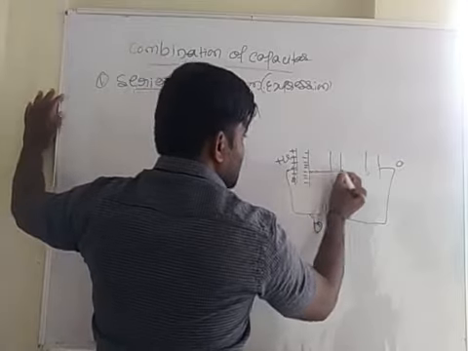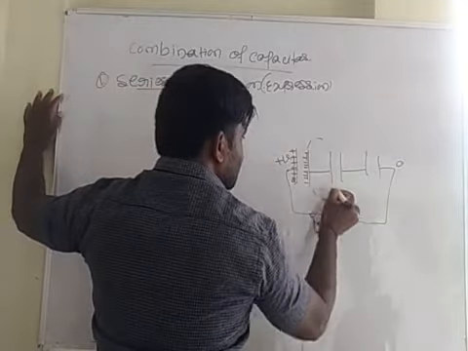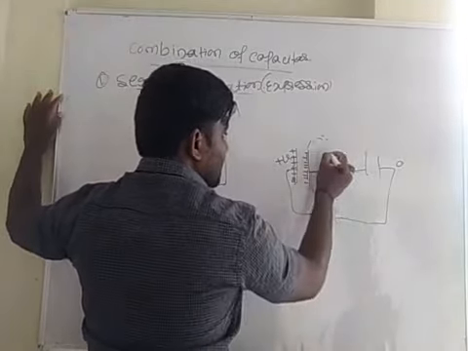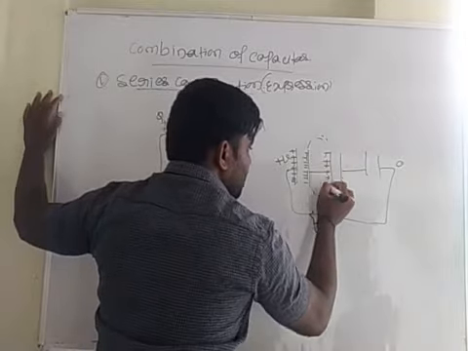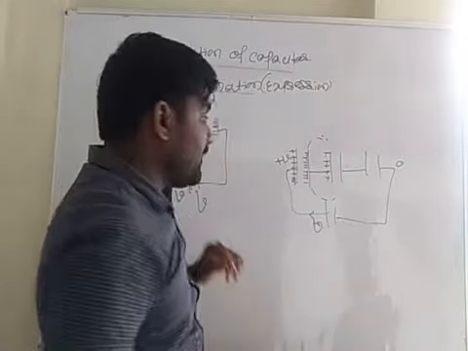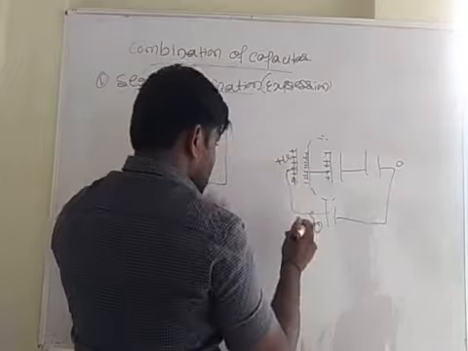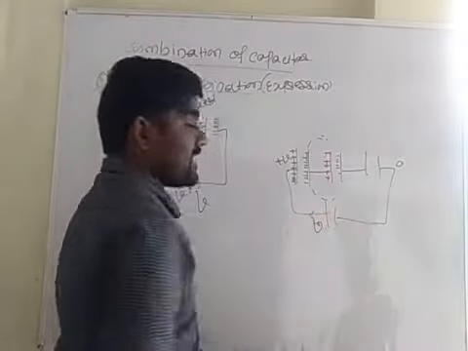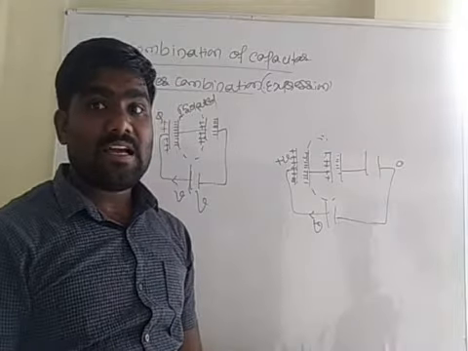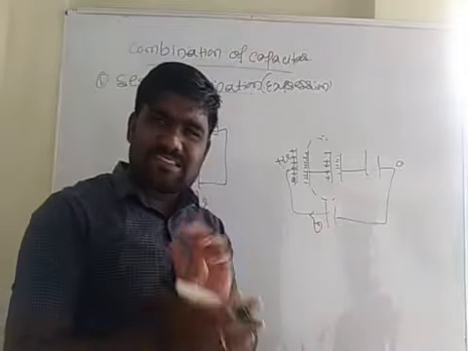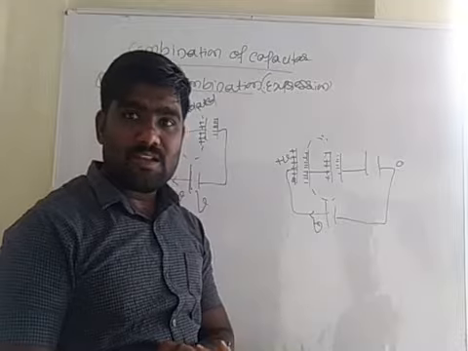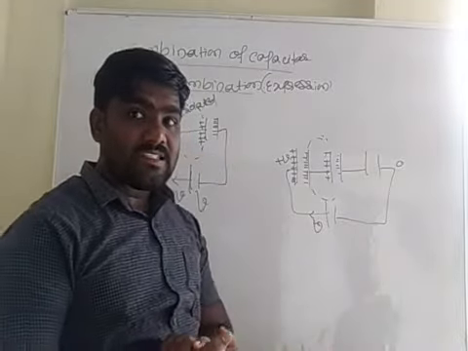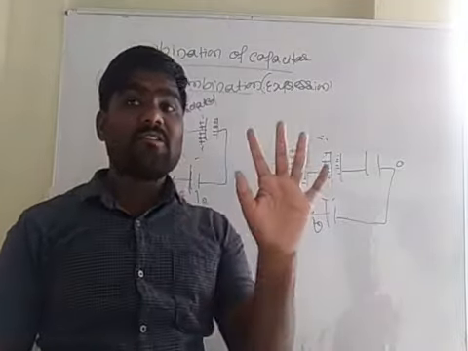Then this whole portion, if it is negative, positive charges will accumulate here. If this positive charge accumulates, then again it will be negative. So this whole portion is taken as isolation. Are the charges changing then? No, charges must be constant.